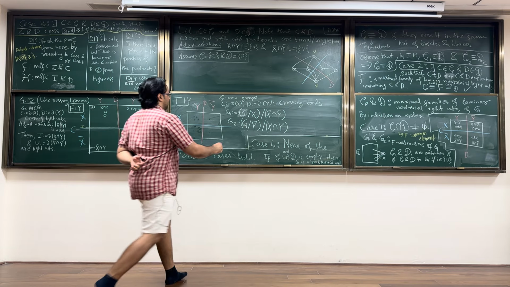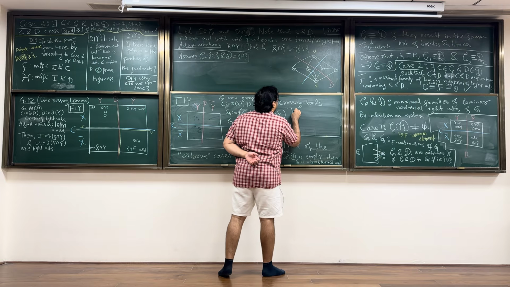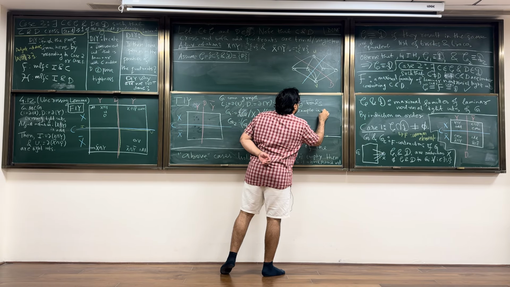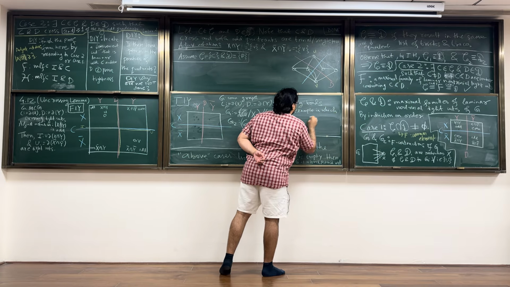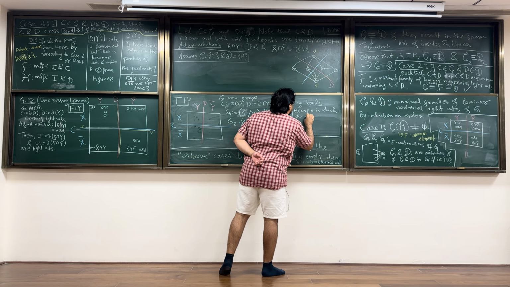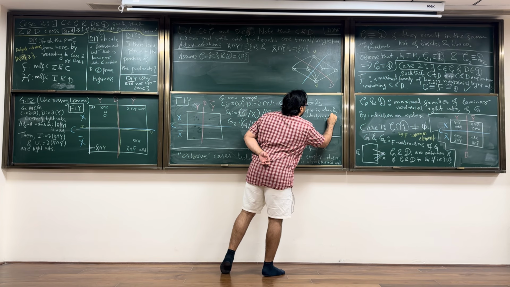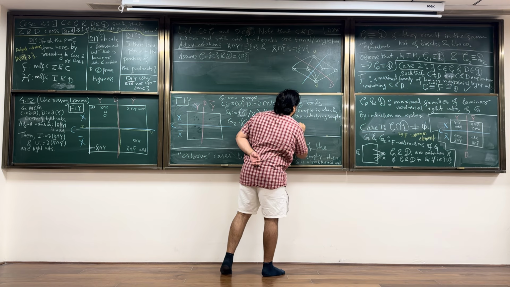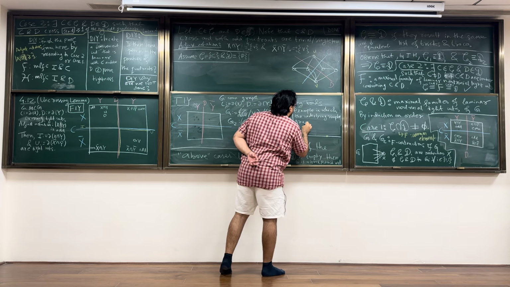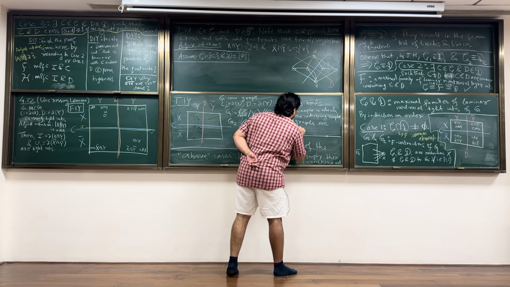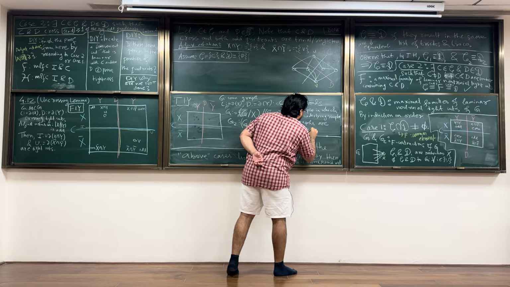So let's look at an example in which the underlying simple graphs of these two are non-isomorphic.